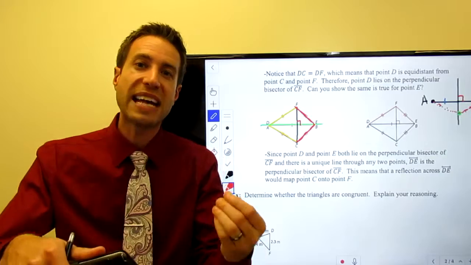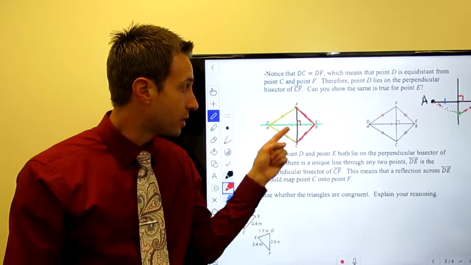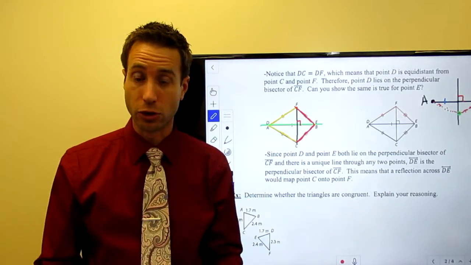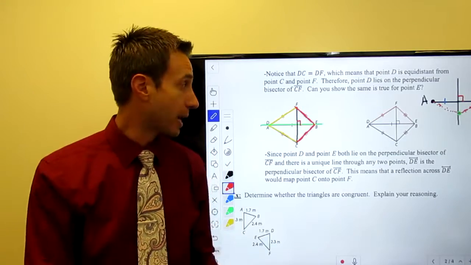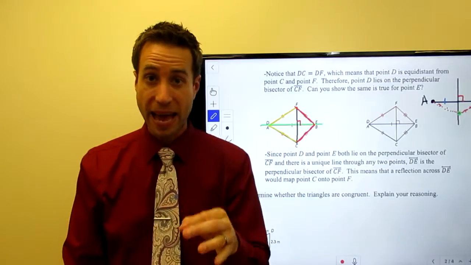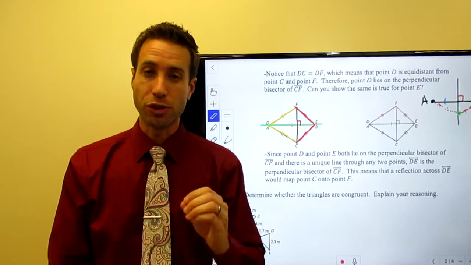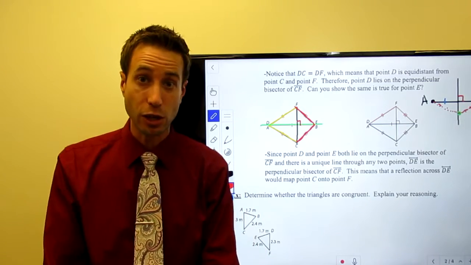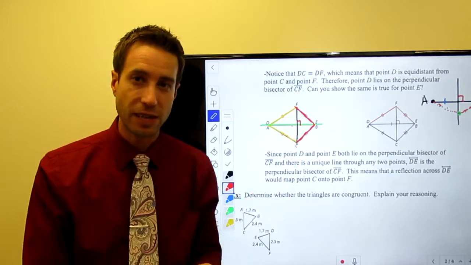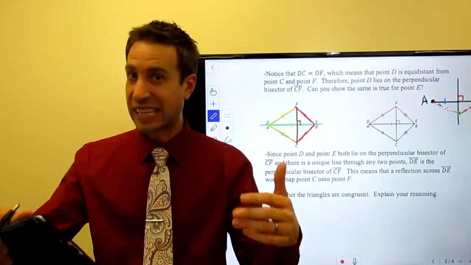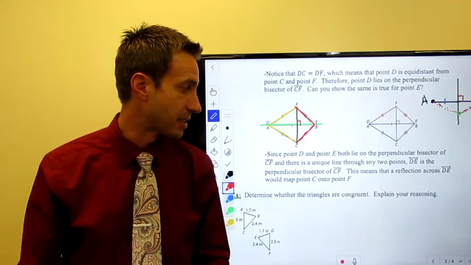And what that does is prove these two triangles are congruent. So by showing that all three pairs of corresponding sides are congruent, you know the triangles must be congruent, thanks to this definition of any point lying on a perpendicular bisector.